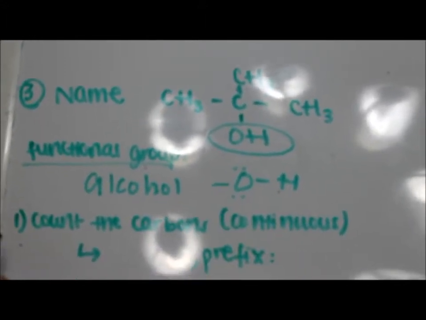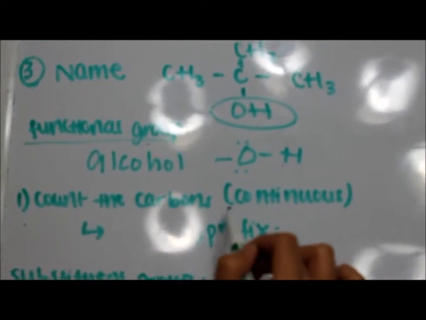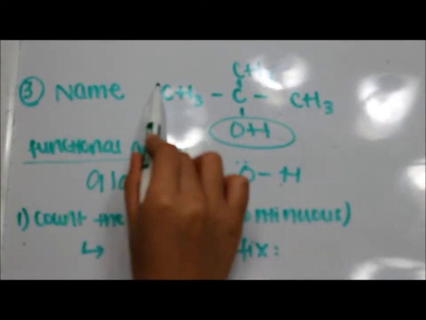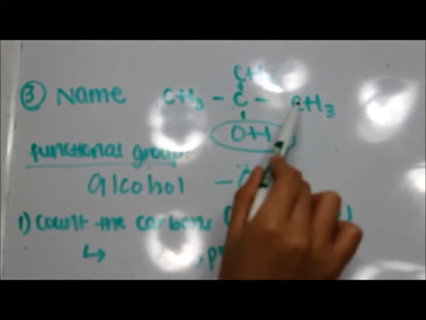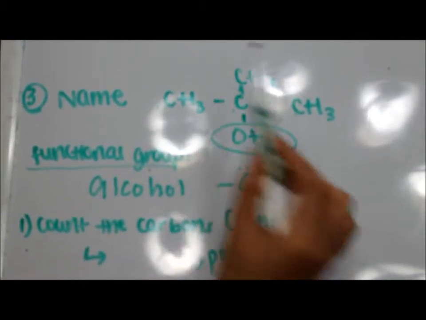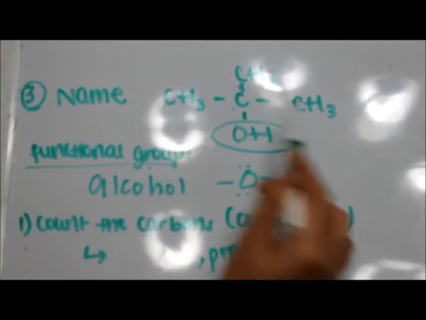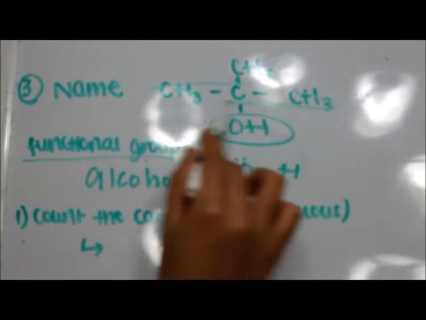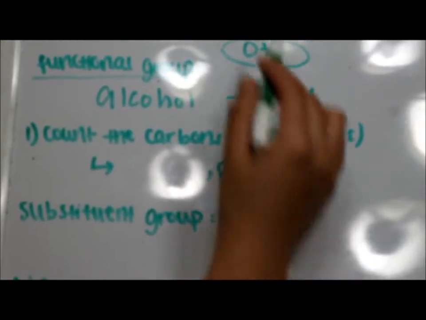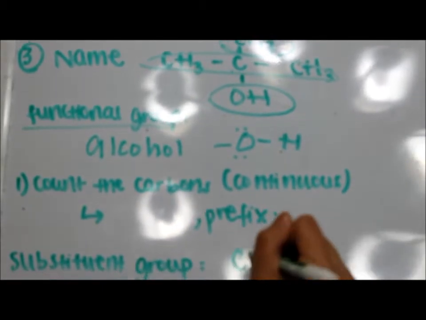First we're going to count the carbons in a continuous chain. So we're going to count 1, 2, 3, or you could go 1, 2, 3. Since they're both 3, it doesn't really matter which chain you choose. I'm going to choose this one. That means that one methyl group sitting there is our substituent.